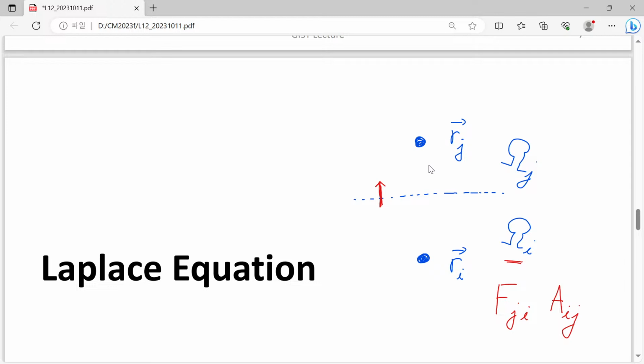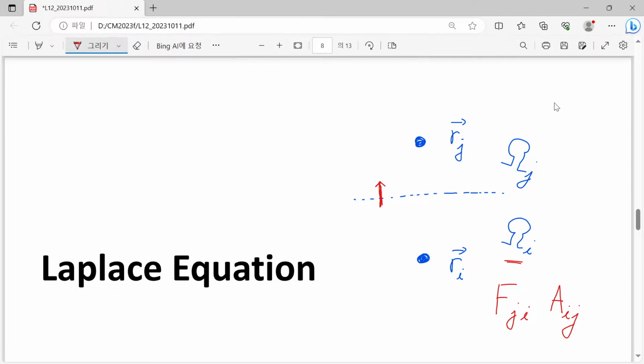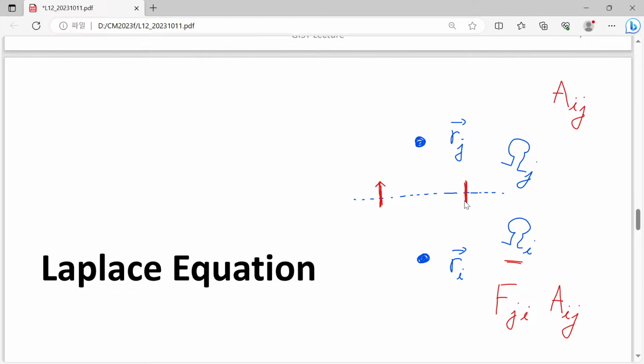And how about this upper one, omega j? In this case, once again, we must consider A sub ij. However, in this case, we must calculate the flux heading in this way.